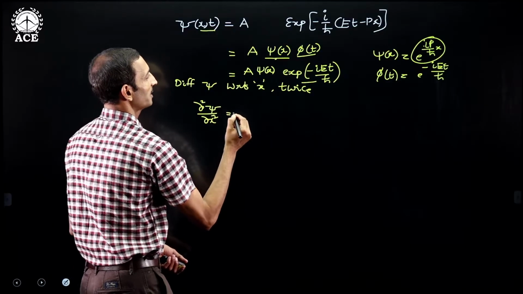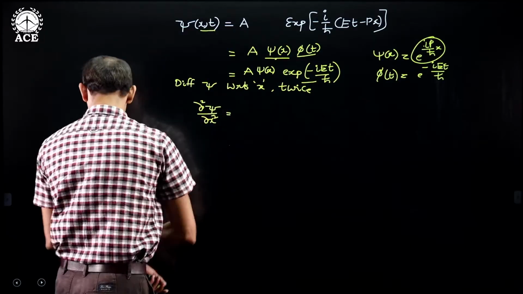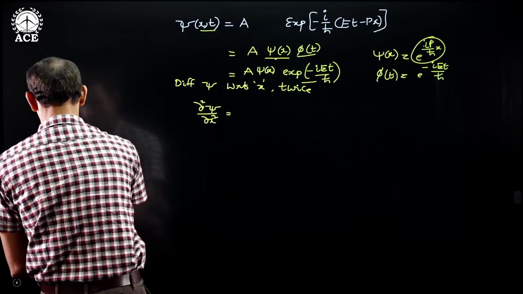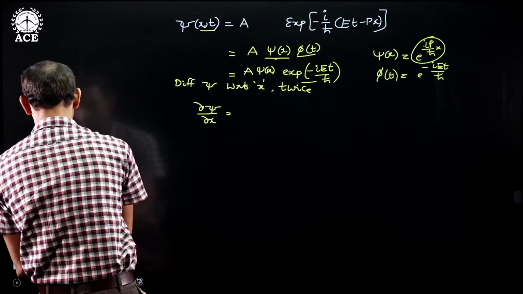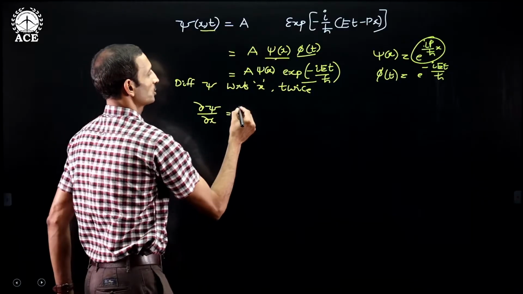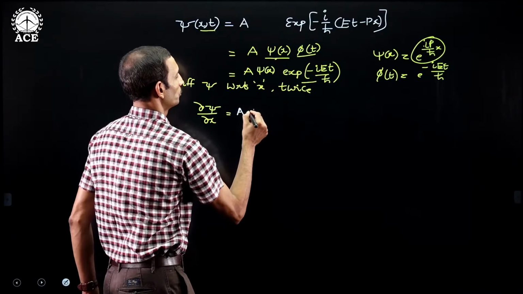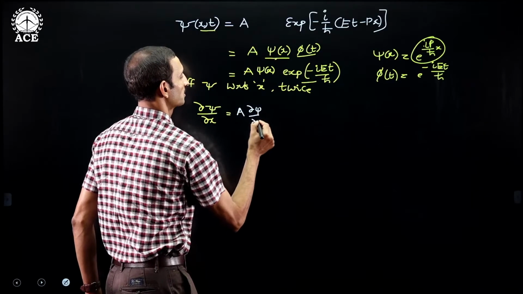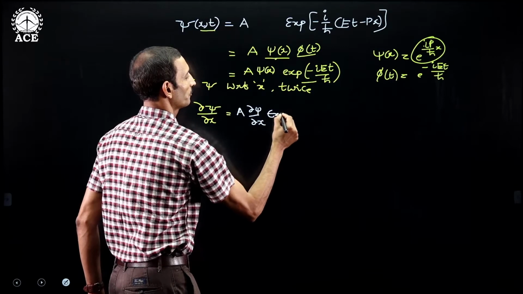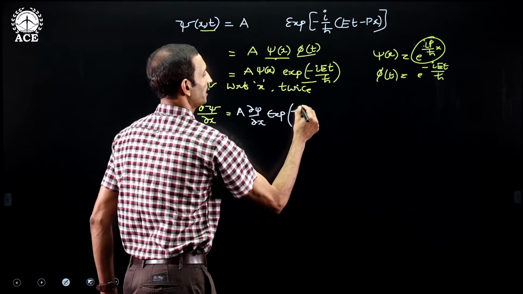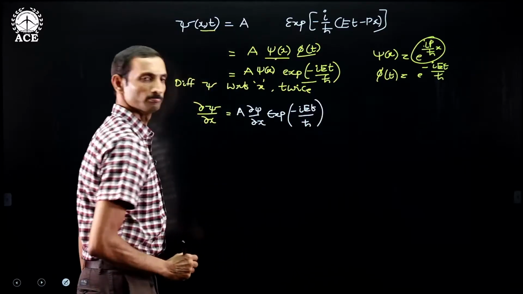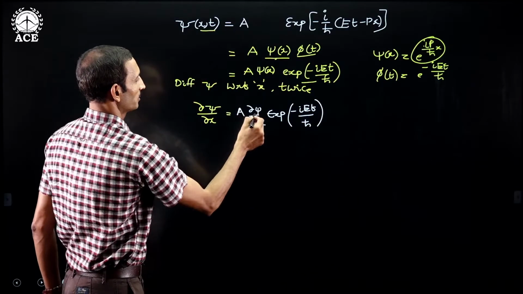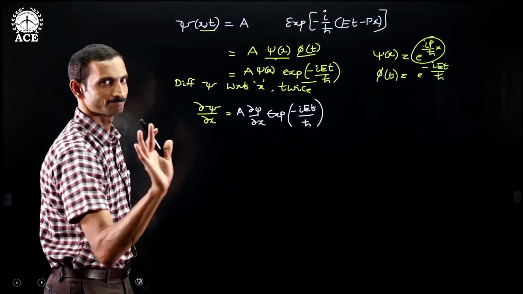Or else I would consider del psi by del x first, that's better. Del psi by del x is A into del psi by del x into exponential of minus iEt by h cross. So psi only changed, and this is as it is.